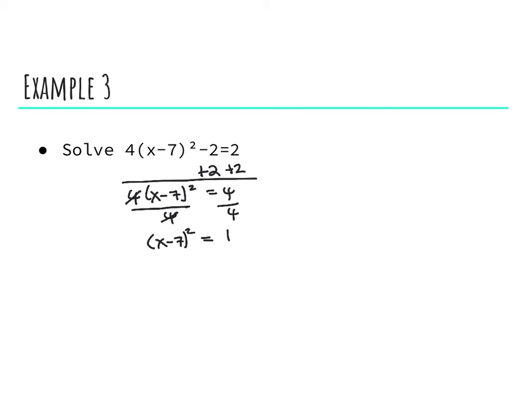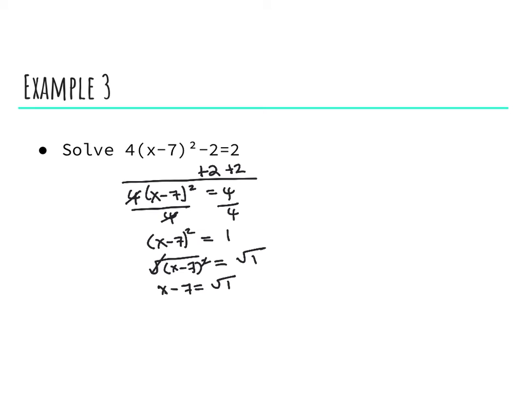To get rid of the square, I have to find the square root of both sides of the equation. So I'm going to rewrite this as the square root of (x minus 7) squared equals the square root of 1. The square and the square root on the left-hand side cancel, so I'm left with x minus 7 equals the square root of 1.